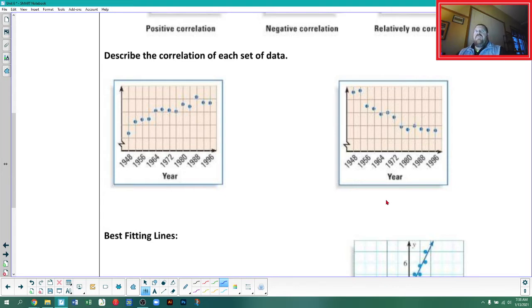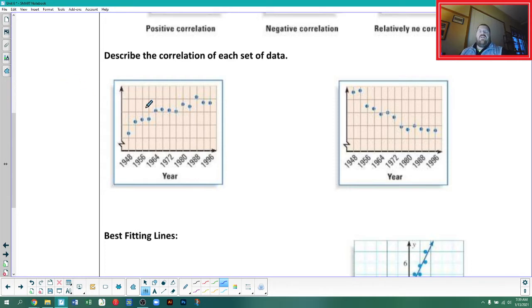It depends on where you look, but there is typically a strong and a weak correlation. That's just talking very generally about how much of a spread there is in your data. These two I would consider to be strong correlations because the points are relatively close to the trend of this data.